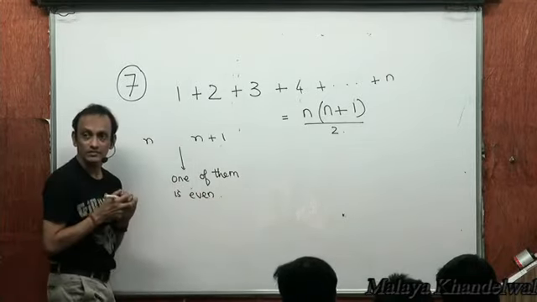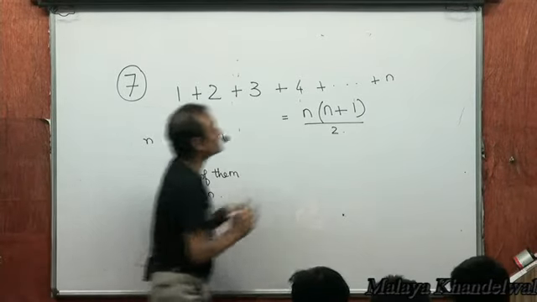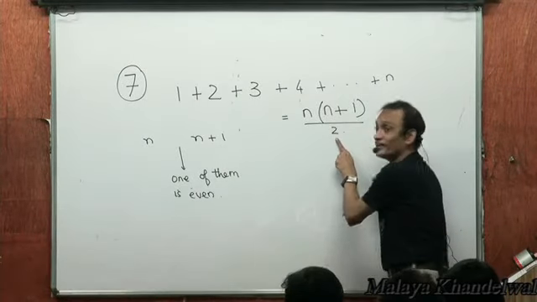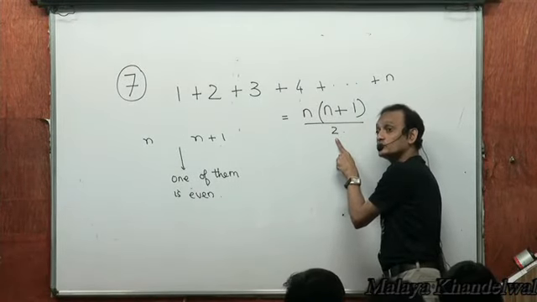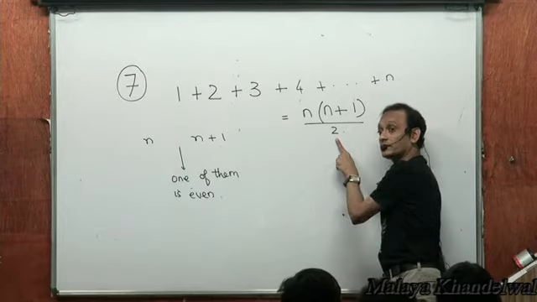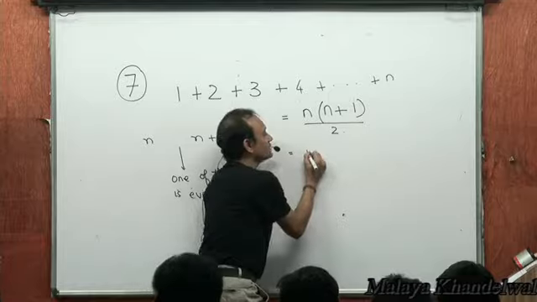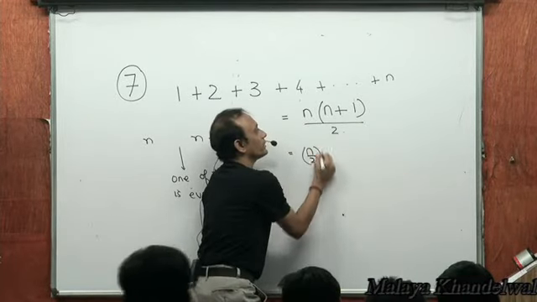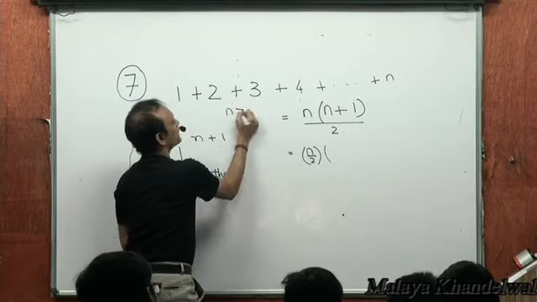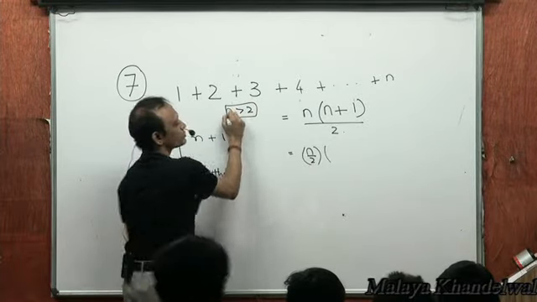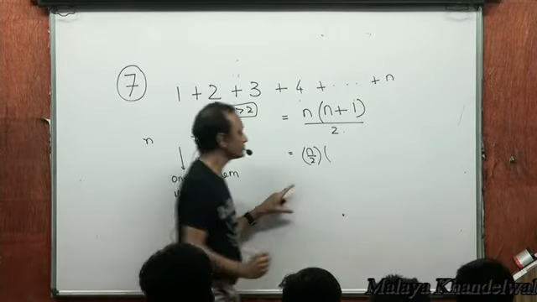One of them is even, right? That means between n and n plus 1, one of them will be divisible by 2. The other one would be odd, right? So suppose n is divisible by 2. Suppose n is even. Then this is like n by 2 into n plus 1. I'm assuming n greater than 2.